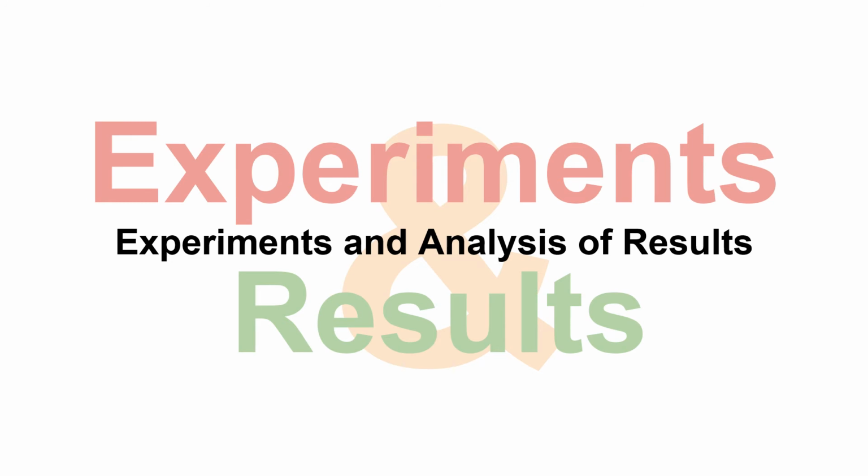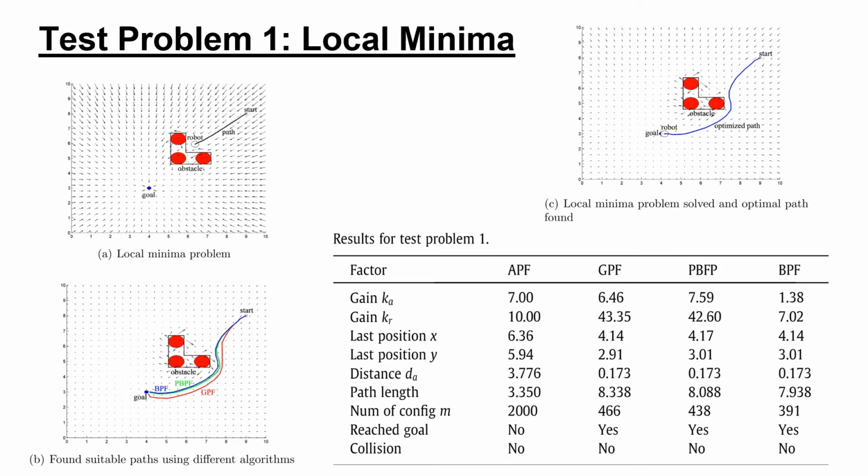Now let's take a look into the various experiments and also analyze the results from the experiments conducted. Now for experiment 1 or test problem 1, which is to solve the local minima problem which is seen in the artificial potential field. On the left in figure A, you can see that the robot is stuck in a local minima while traveling from the start to the goal position.